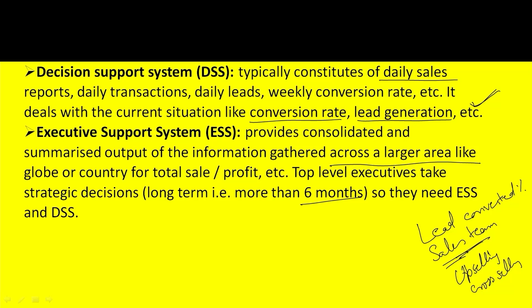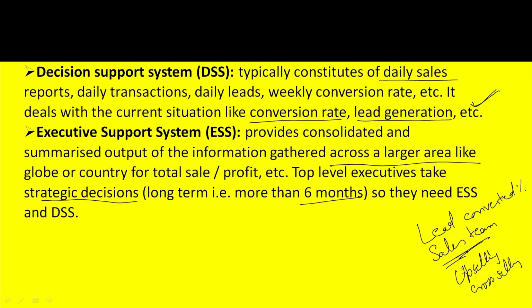These reports are used by higher executives to take strategic decisions, not day-to-day decisions, not monthly and weekly decisions. Okay.